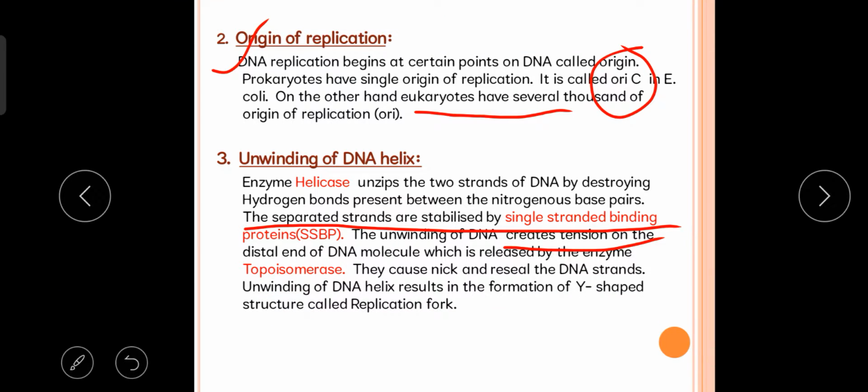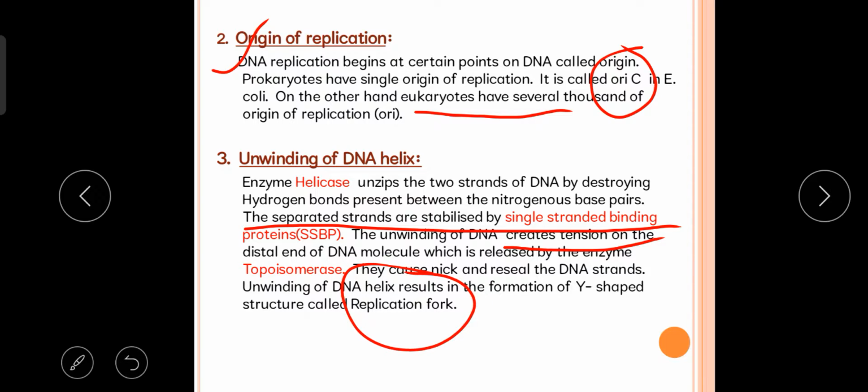So unwinding of the DNA helix results in the formation of a Y-shaped structure called the replication fork. That means when the two strands of DNA are separated from each other due to breakdown of hydrogen bonds between the nitrogenous bases, the separated strands appear as a capital Y type of structure, and this structure is called the replication fork.